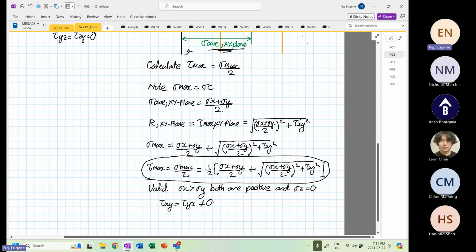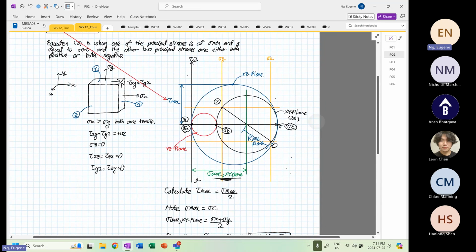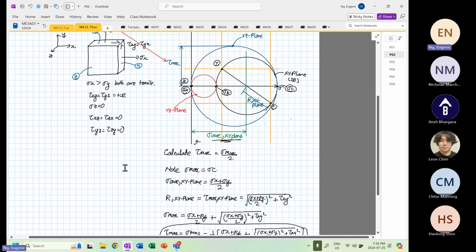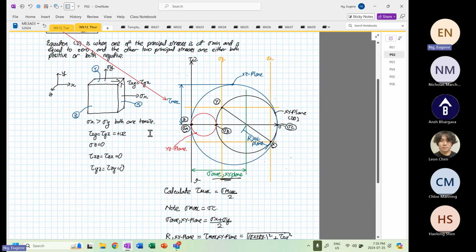Okay. Now, if both are negative, okay, if stress X and stress Y are negative, right? I will start on another page. Okay. If stress X, I'll copy this image again.